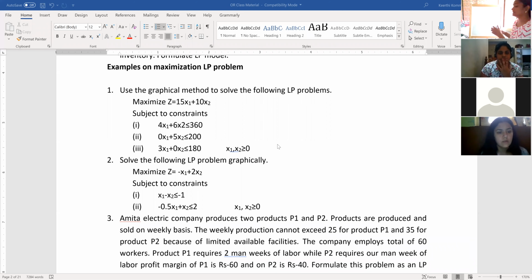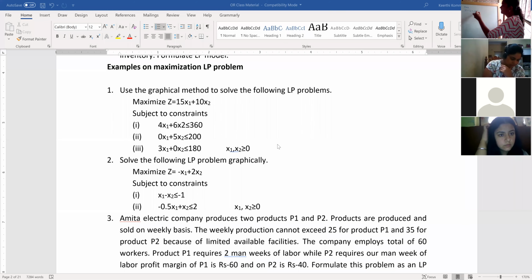Now you can see: use the graphical method to solve the following LP problem. This is the question given to you. I didn't write it earlier. Maximize z = 15x1 + 10x2, subject to the constraints 4x1 + 6x2 ≤ 360, then 5x2, and 3x1 ≤ 180.